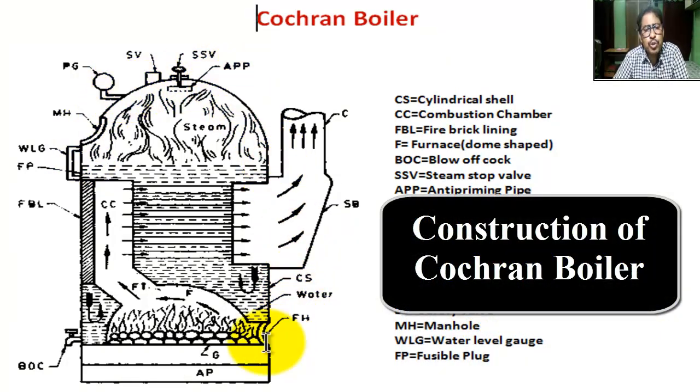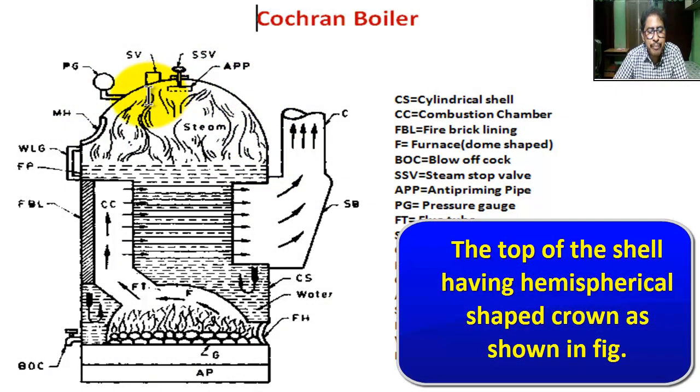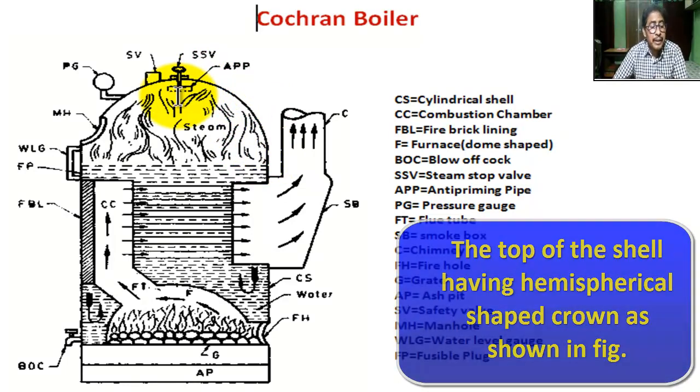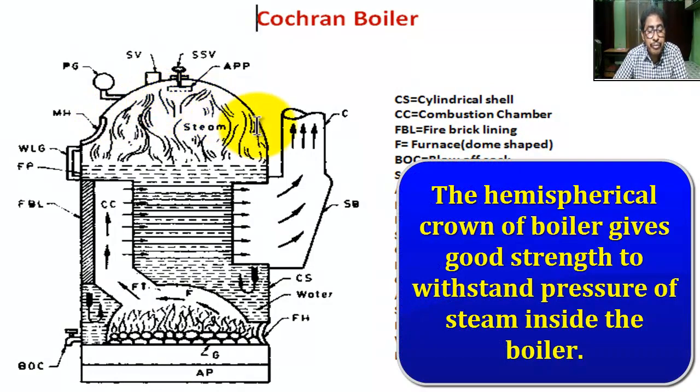Now we learn some construction portion of the Cochran boiler. The top of the shell has a hemispherical shape, hemispherical crown. The hemispherical crown of the boiler gives good strength to withstand the pressure of steam inside the boiler.